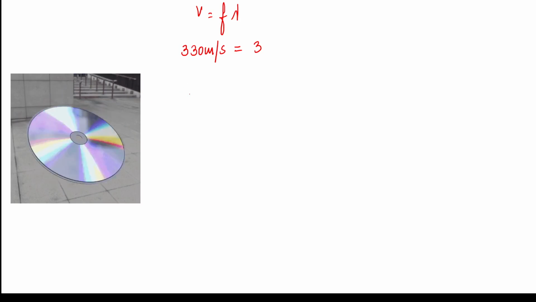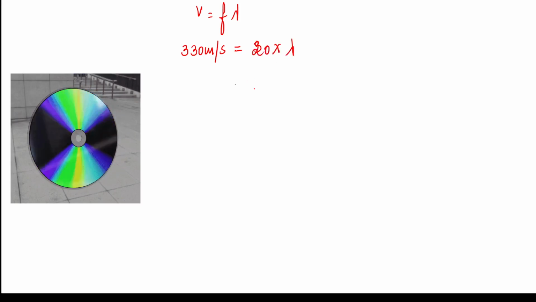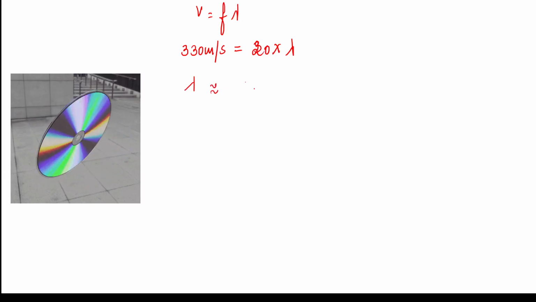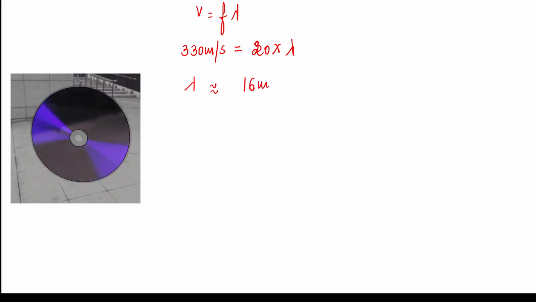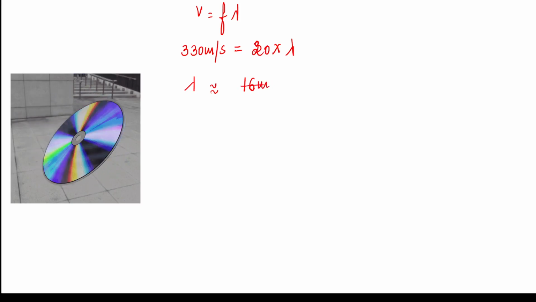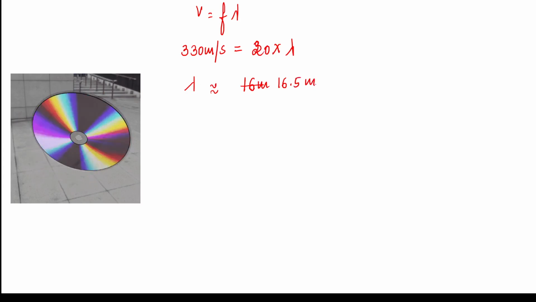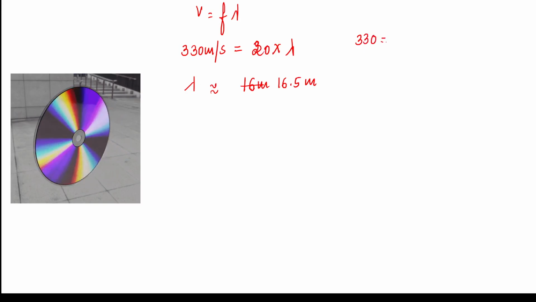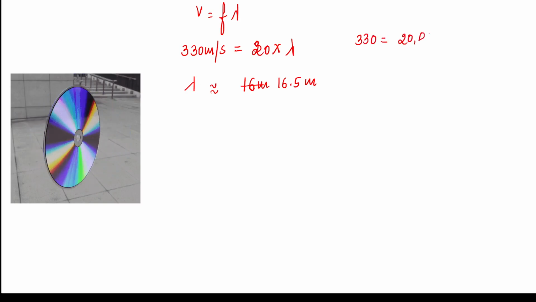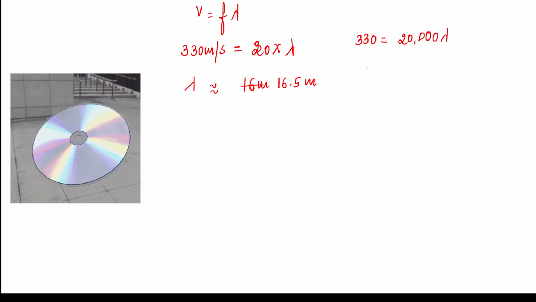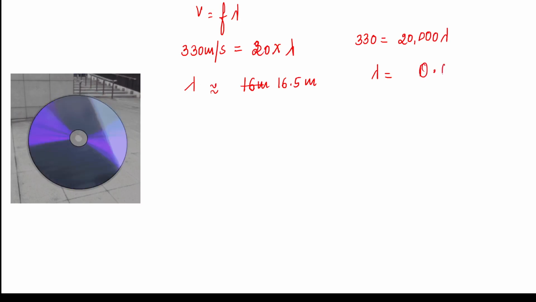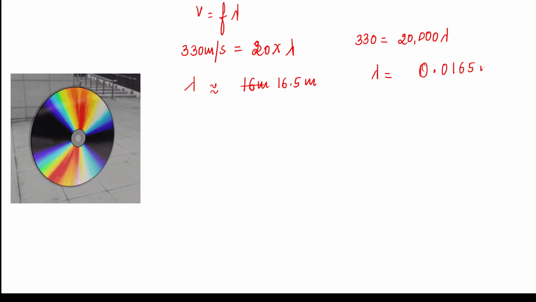If I take the frequency as 20 hertz, the wavelength comes to around 16.5 meters. If I take it as 20,000 hertz, my wavelength comes to around 0.0165 meters.